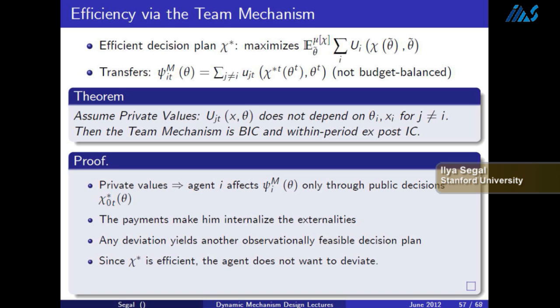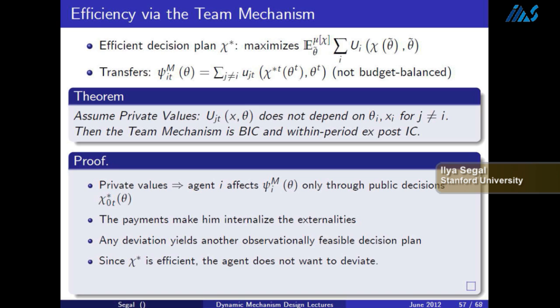Now, of course, the problem with this is the payments. They could be pretty big. If everybody has to pay the total utility of the other agents, you'll start worrying about how we can reduce the payments. There is a paper by Bergemann and Välimäki, I think it's called the dynamic pivot mechanism, where they try to bring down the payments, just like in the static VCG mechanism.